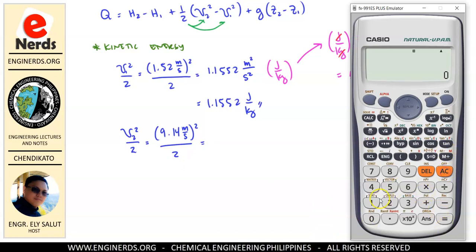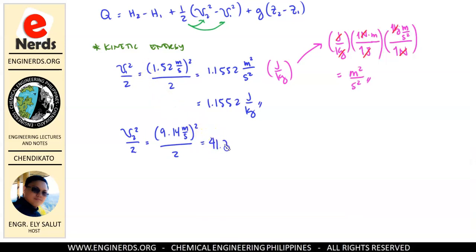Let me clear this. So we have 9.14 squared divided by 2, which is equal to 41.77, and this is in joules per kilogram. So meron na tayong value ng V2 squared over 2.